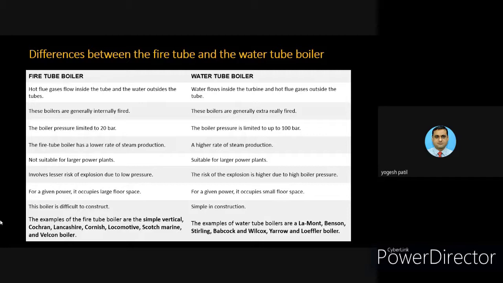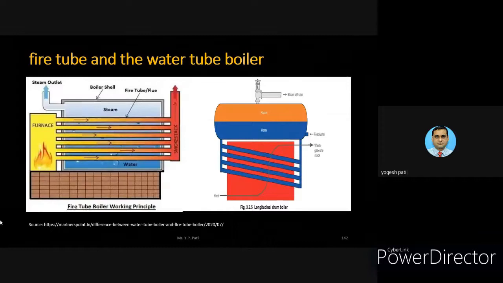Some examples of fire tube boilers: the Scotch Marine is a popular example, and on the water tube side, Loeffler, Yarrow, and Babcock are the important examples of these water tube boilers. Some more pictures are also shown to get more awareness of this.